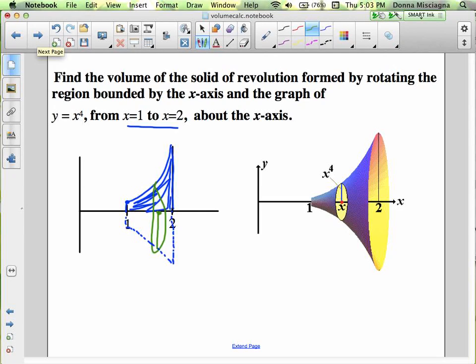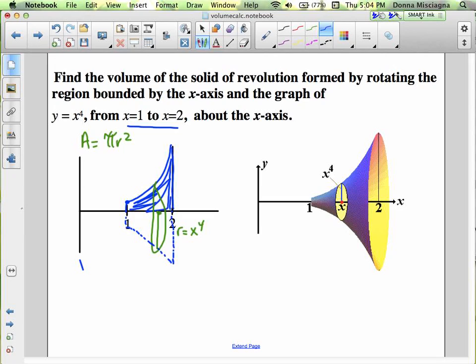Our radius is formed by rotating that function around. So our radius here is x to the 4th. Now remember, our area is pi r squared. So now we just have to integrate that area and we'll get our volume. It's a horizontal axis that we're revolving around, so it's a dx.